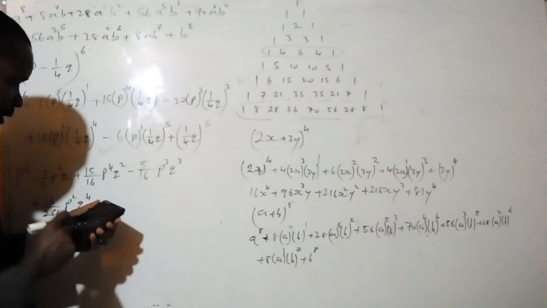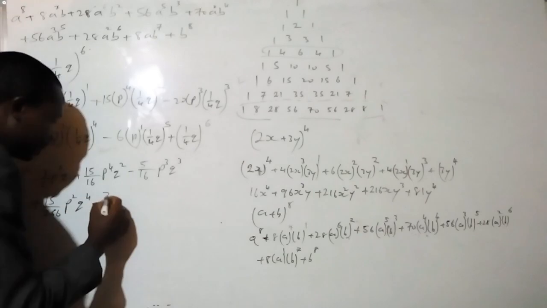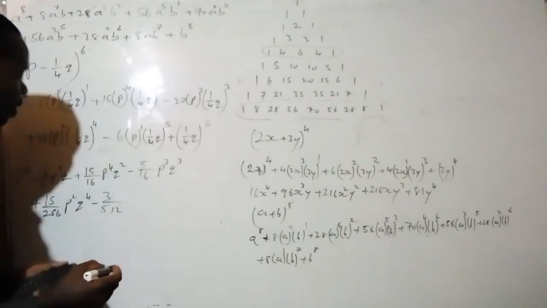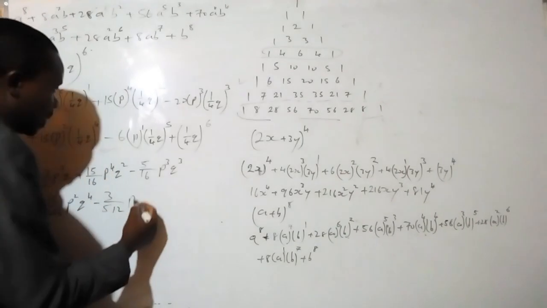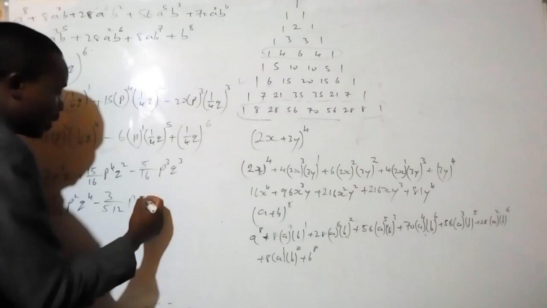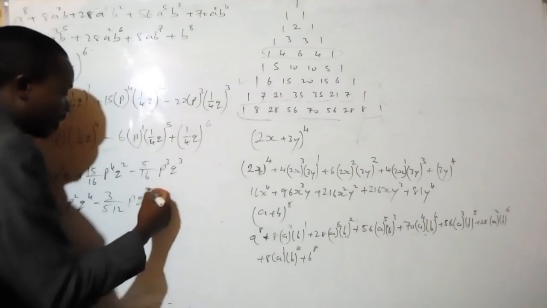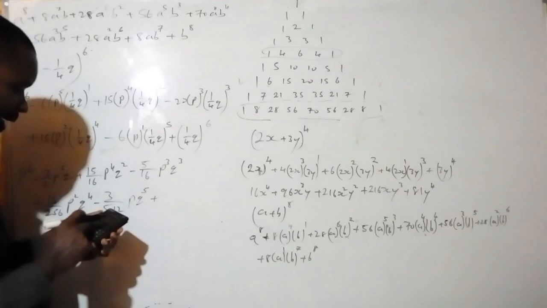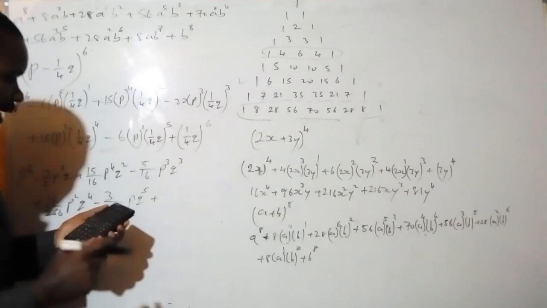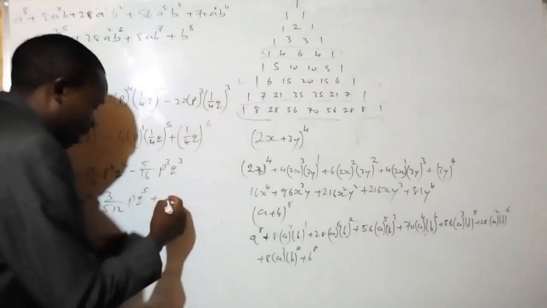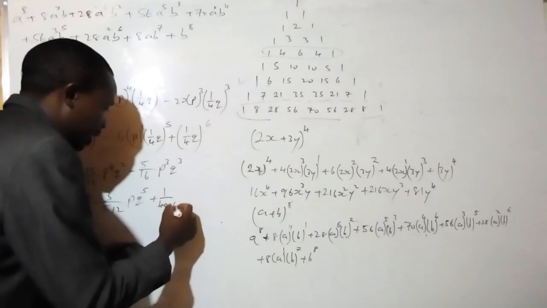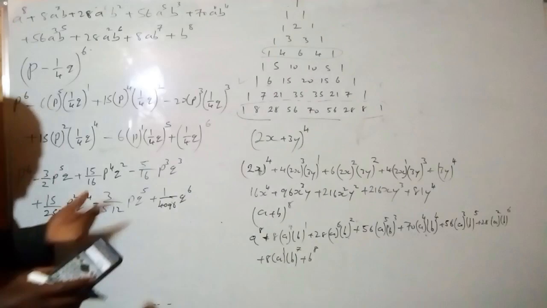Yeah, it's 3 over 512. Then P raised power 1, it's P, Q raised power 5, and finally plus. What is 4 raised power 6? 4096. So it's 1 over 4096, Q raised power 6. And that is the correct answer.